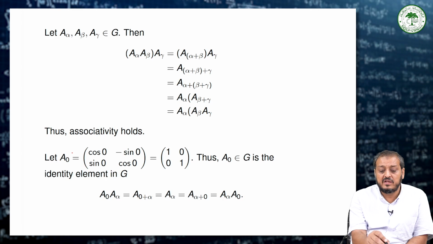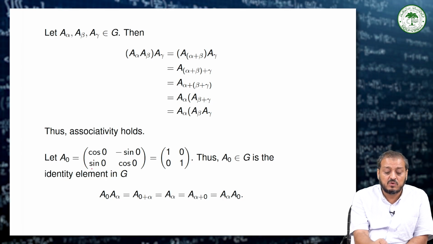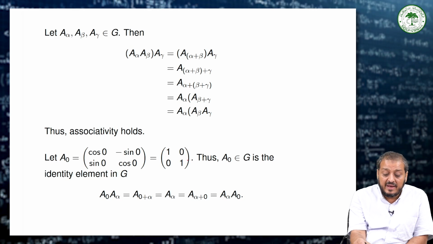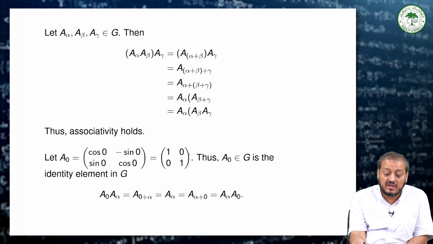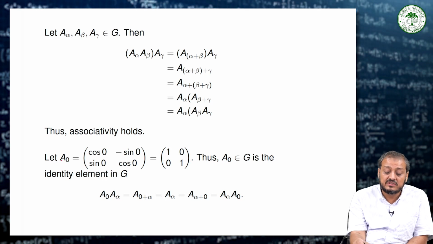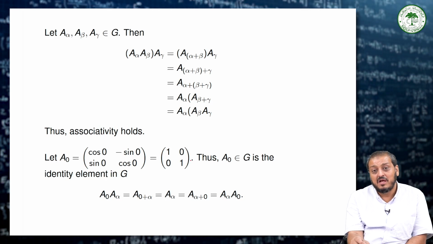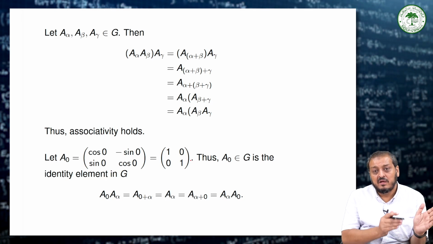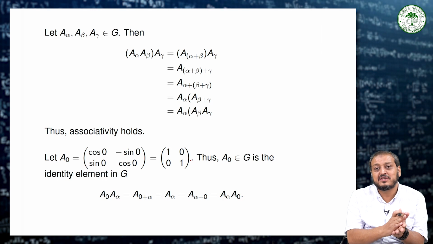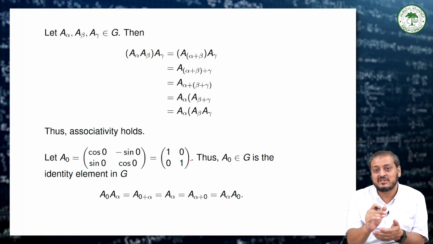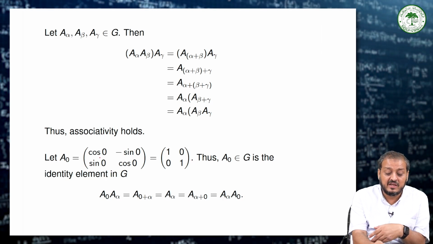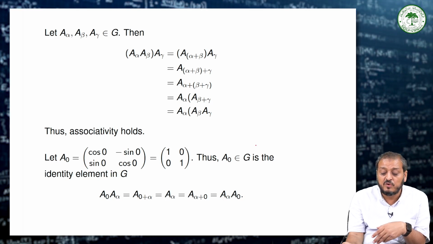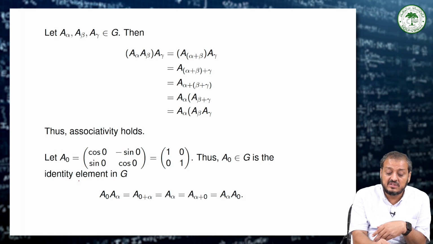Clearly we have cos 0, minus sin 0, sin 0, and cos 0, which is equal to 1, 0, 0, 1, and that satisfies this. So A0 is the identity matrix. So this is clearly cos 0, minus sin 0, giving you the identity matrix. So A0 belongs to G and is the identity of G.